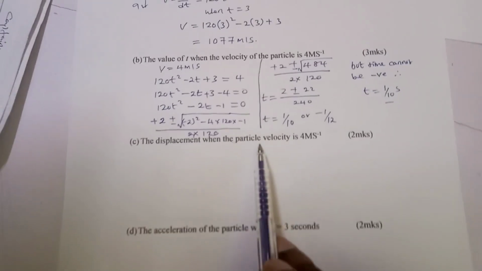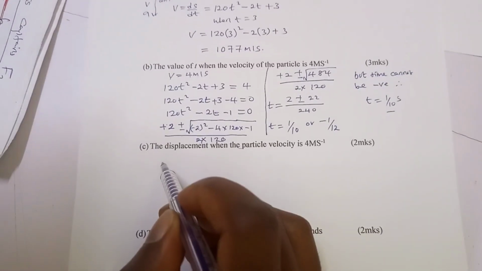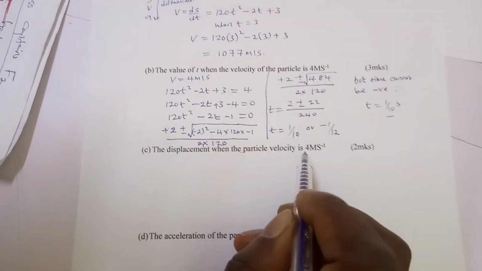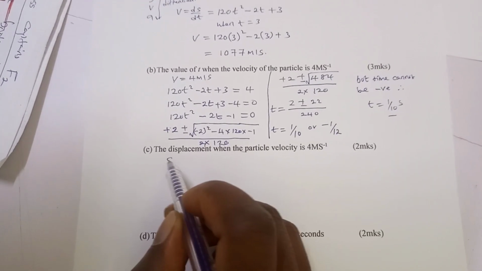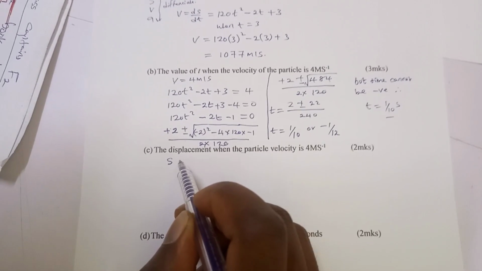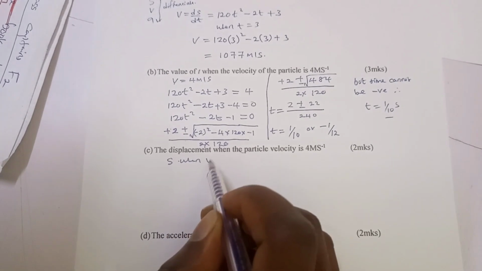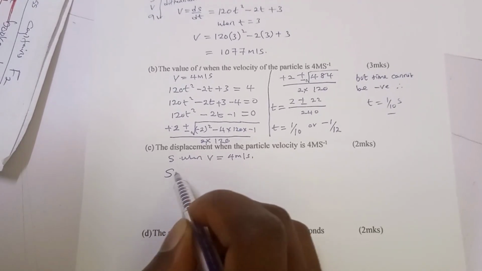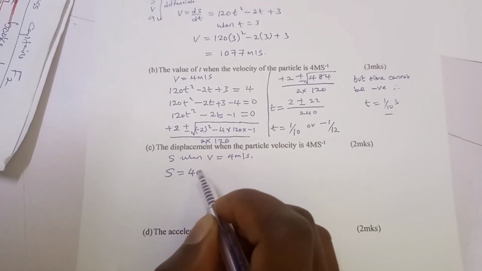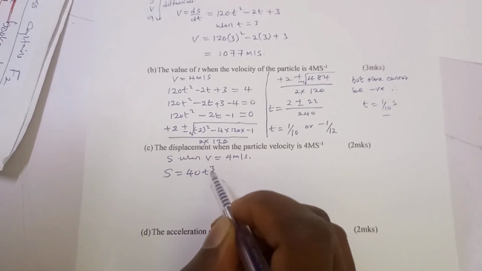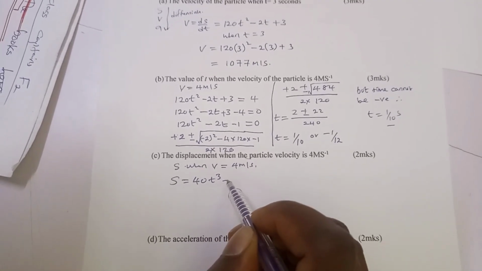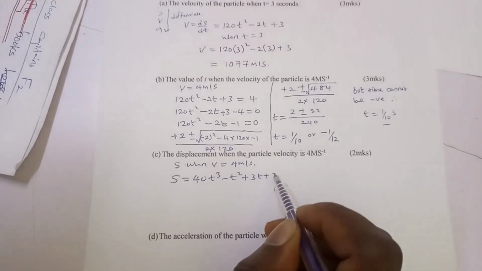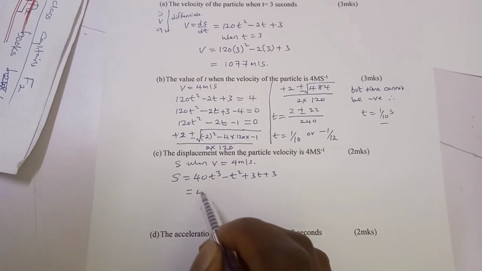Now the displacement when the particle velocity is 4. In this equation, it's only t that we borrow, because the time when the velocity was 4 meters per second was 1 over 10. So 40t cubed minus t squared plus 3t plus 3 was the equation for displacement.